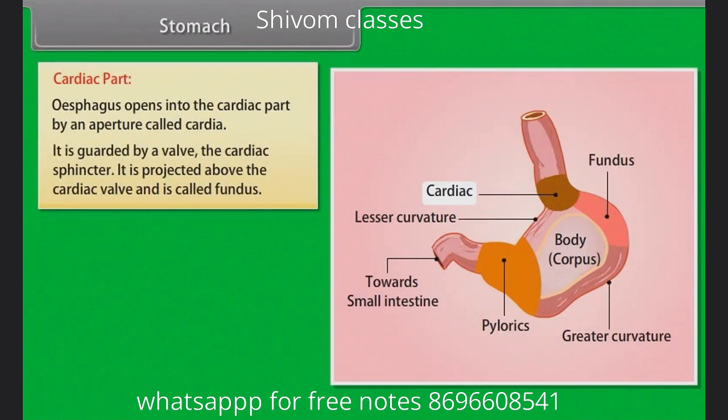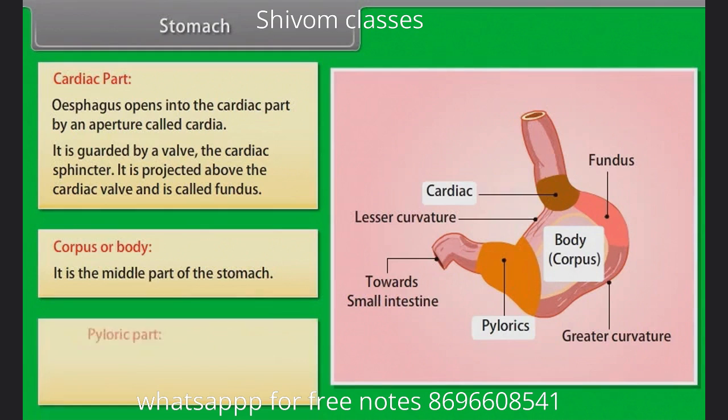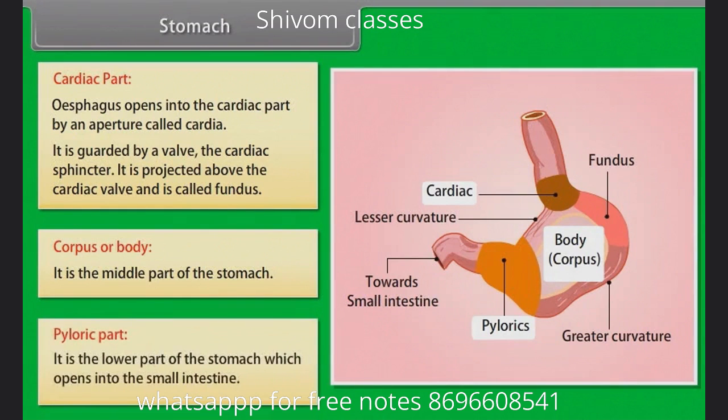It is guarded by a valve, the cardiac sphincter. It is projected above the cardiac valve and is called fundus. Corpus or body. It is the middle part of the stomach. Pyloric part. It is the lower part of the stomach which opens into the small intestine.